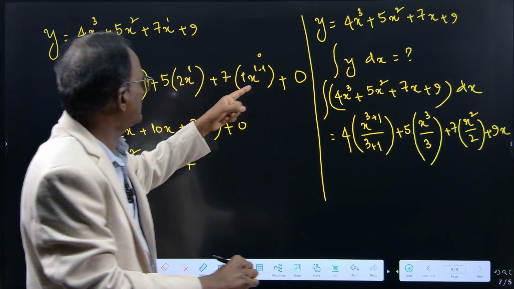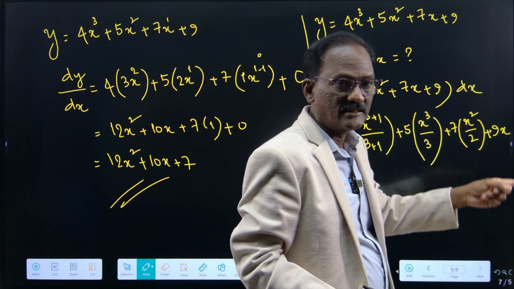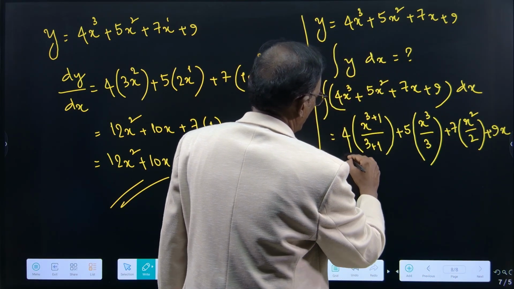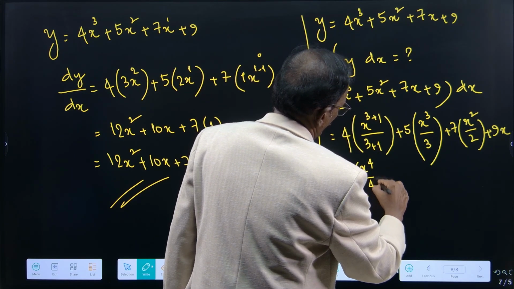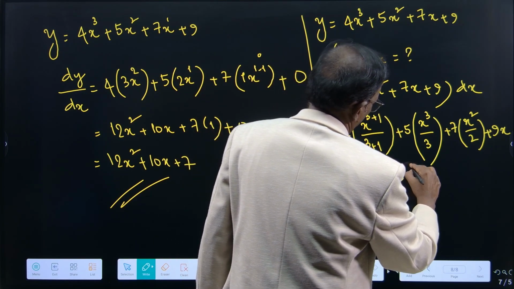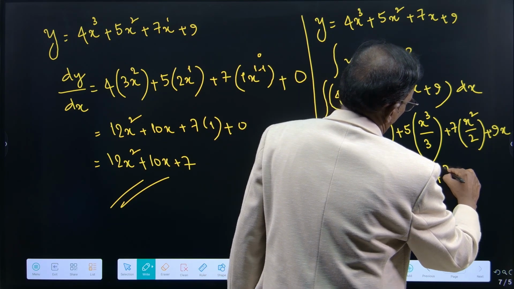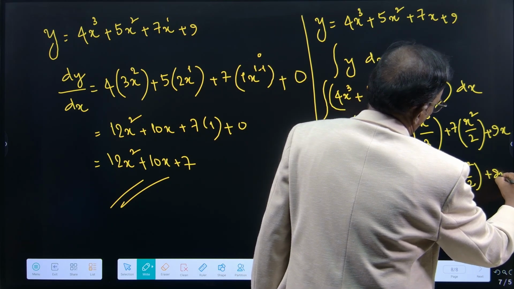So here differentiation of 9 is 0, but integration of 9 is not 0, it is 9 into x, the area of the curve, right? So this is 4 x power 4 divided by 4, plus 5 x cube divided by 3, plus 7 x square by 2, plus 9x.